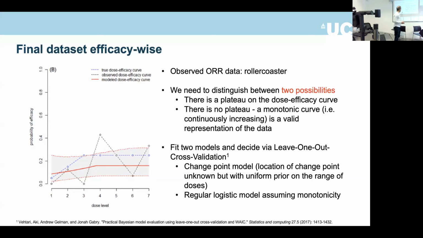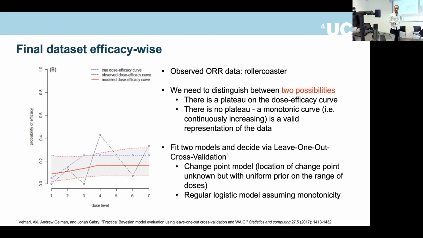And this red curve is fitted to the observed data coming from the blue curve, which was our data generating mechanism. So when you look at the black curve, how can you tell that there is a plateau? It's really hard. It could potentially be a monotonic curve.